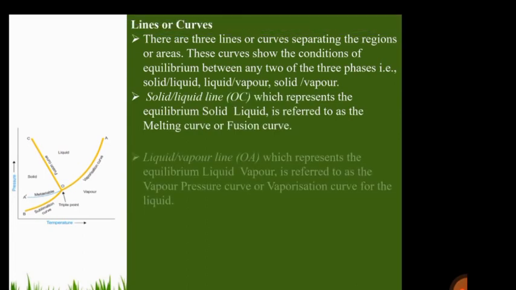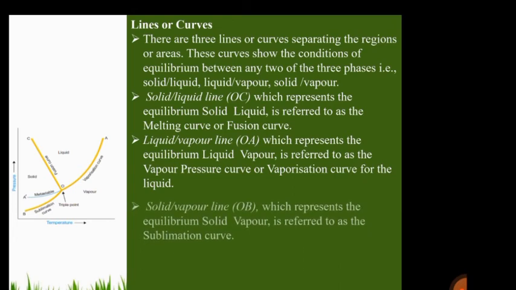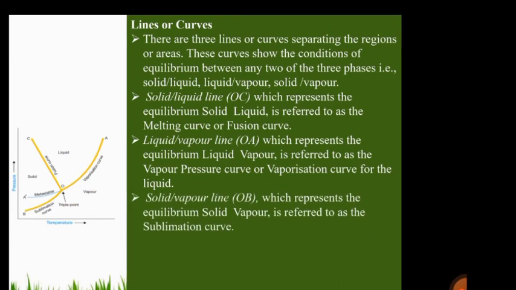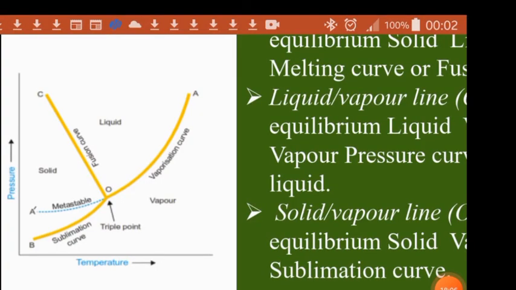The liquid-vapor line, that is OA, which represents the liquid-vapor equilibrium, is referred to as the vapor pressure curve or vaporization curve for the liquid. Next, the solid-vapor line, that is OB, represents the equilibrium between the solid and vapor, and it is referred to as the sublimation curve.